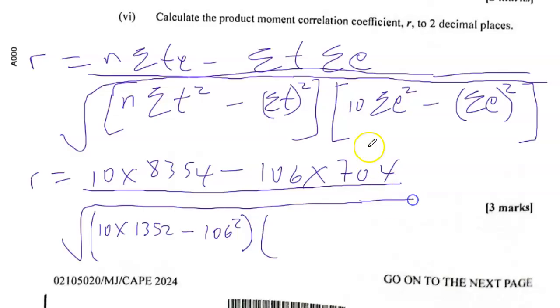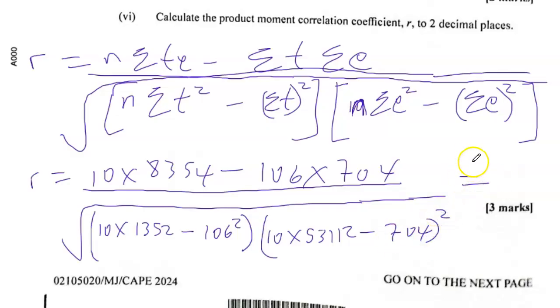Close and open another bracket. N is 10, so 10 times the sum of E squared, which was 53,112, minus the sum of E all squared, so 704 squared. And we put this in the calculator, and all of this works out to be 0.99 to 2 decimal places.